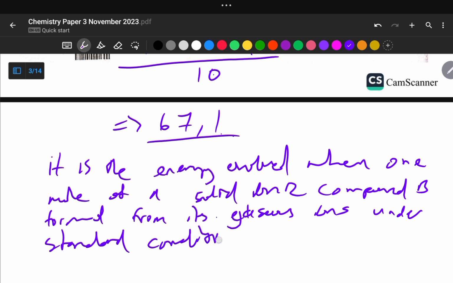You should also state the standard conditions of 1 atm and a temperature of 298 kelvins. So these are the standard conditions.